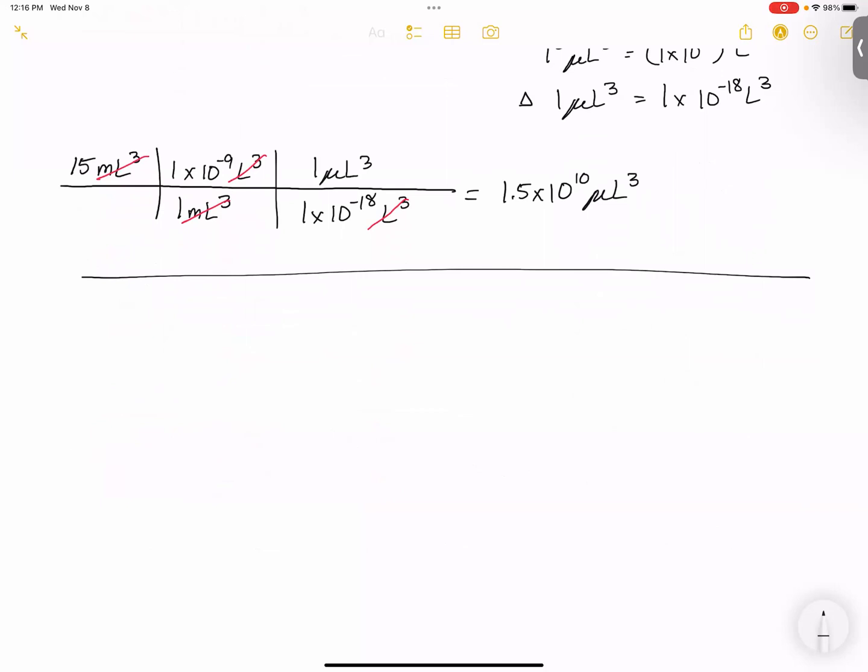So now we're going to get into some English conversions. And folks, you've been doing these English conversions since forever. The metric system is less frequently used than the English system here in the United States.